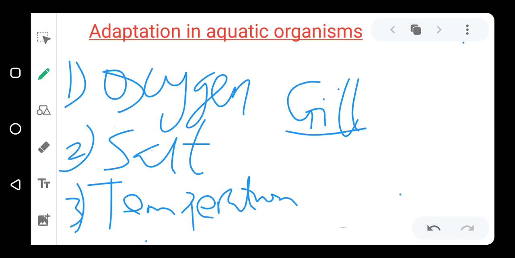In order to avoid this problem, to maintain a constant amount of salt in the body, these organisms developed special kidneys that allow them to regulate the amount of salt by regulating the amount of water that they have inside their body.